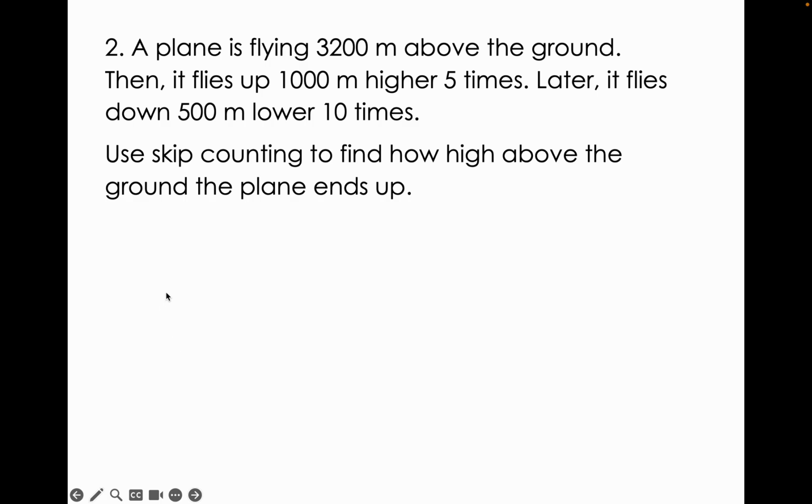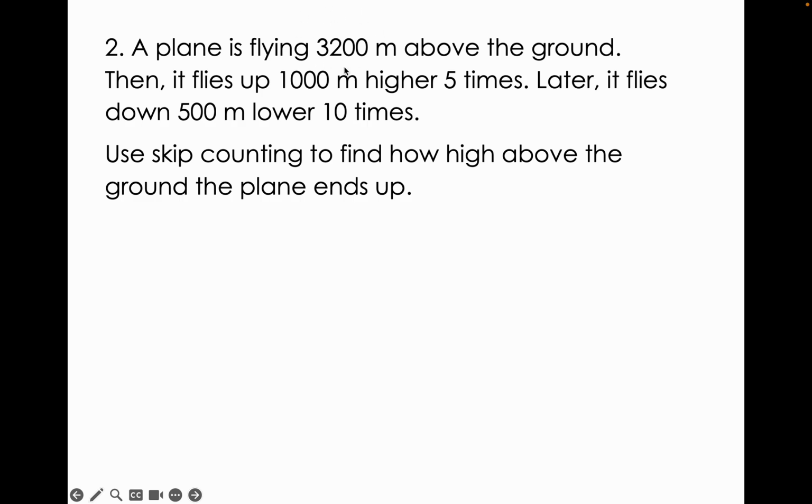So we start at 3,200 meters. I'm just going to switch that to 3,000 meters. Then we go up 5 times. So 4,000, 5,000, 6,000, 7,000, 8,000. I counted on my fingers. That's 5 times. So now we're at about 8,000 meters high. Exactly, we're at 8,200, but I estimated out that 200. Then it flies down 500 meters 10 times.